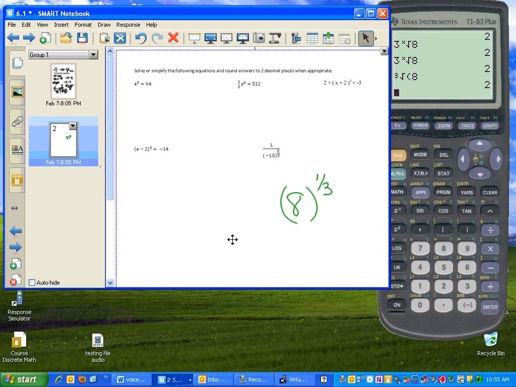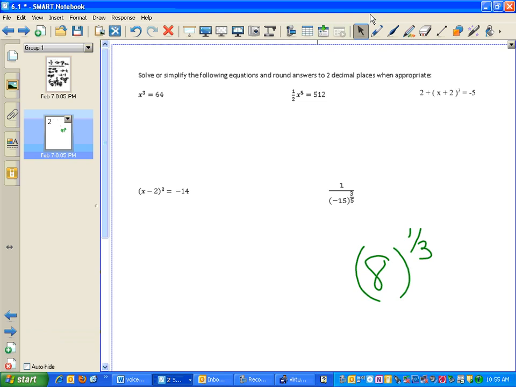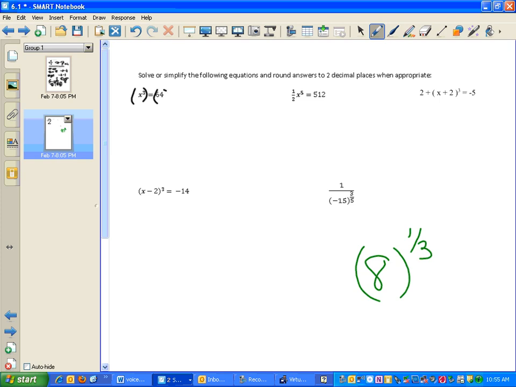All right, so let's look at this. So let me make this big for a second. All right, so here I want to take the cubic root of, I've got x to the 3rd is equal to 64. So I need to solve for x. So that means what am I going to do to both sides?